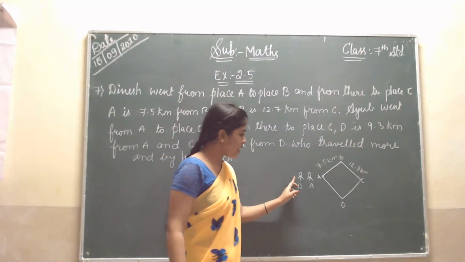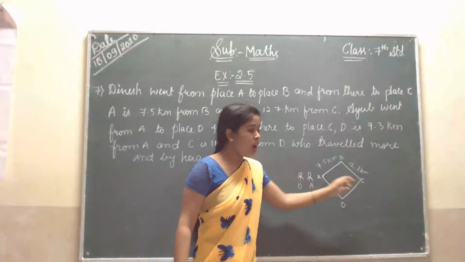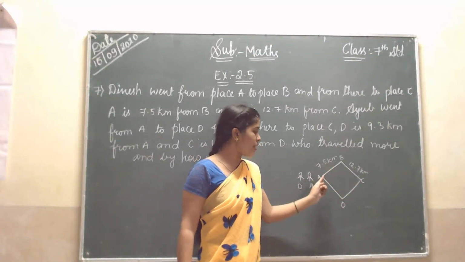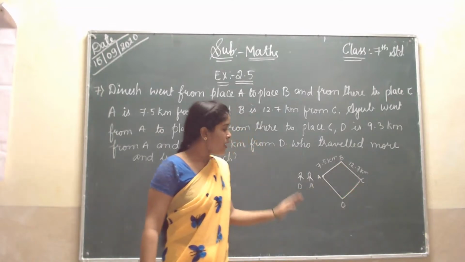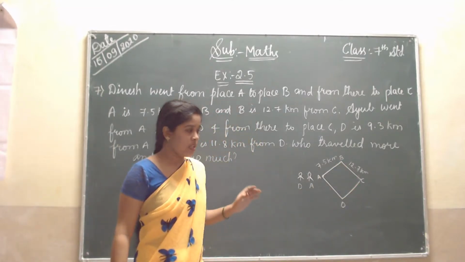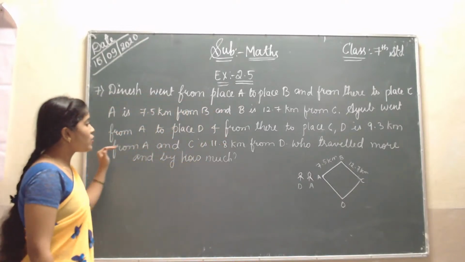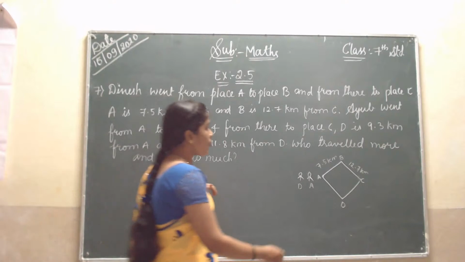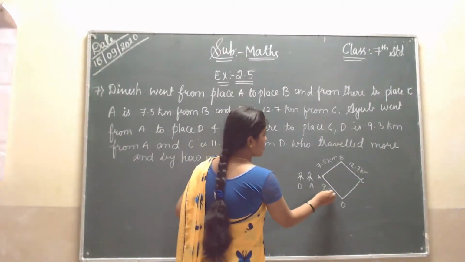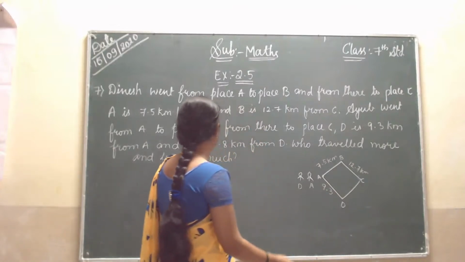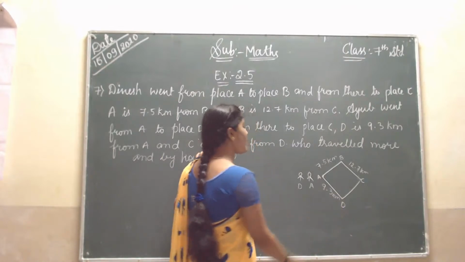Dinesh is going A to B, from there B to C. How many kilometers? 7.5 kilometers A to B and 12.7 kilometers B to C. Now Ayub is going A to D. How much? 9.3 kilometers.